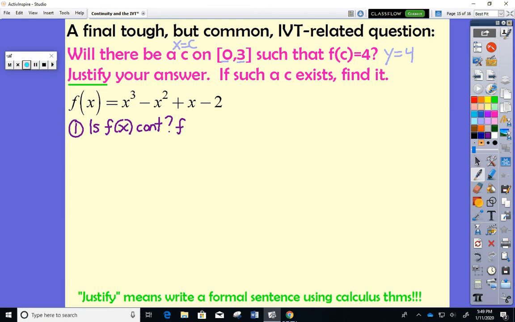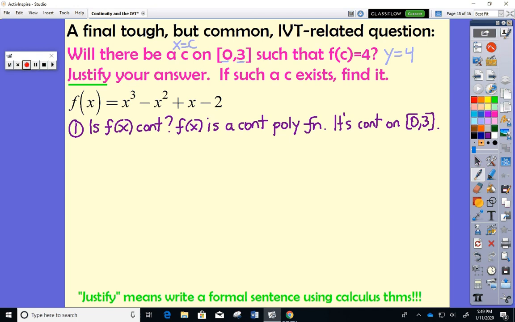So f of x is a continuous polynomial function. If it's continuous for all real numbers, it's definitely continuous on 0 to 3.